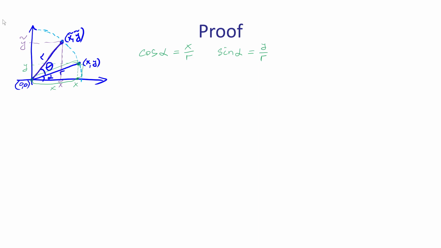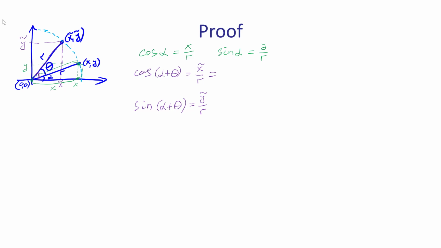We know that cosine of alpha plus theta, which gives you that total angle, will be x tilde divided by r, and sine of alpha plus theta will be y tilde divided by r, from the triangle that we just drew.